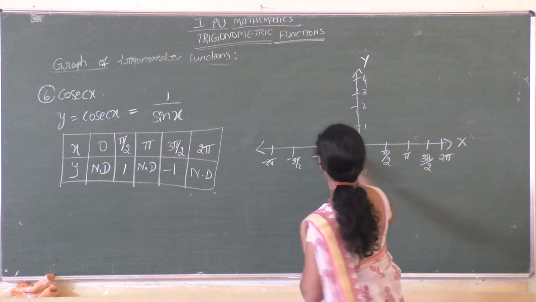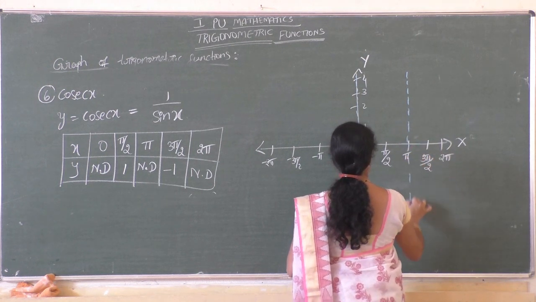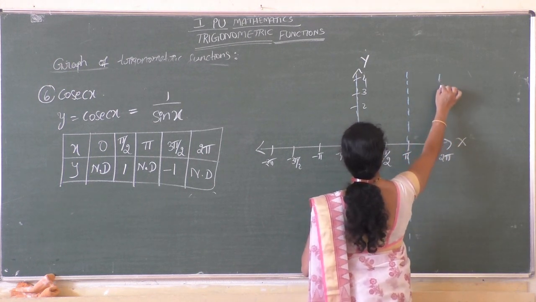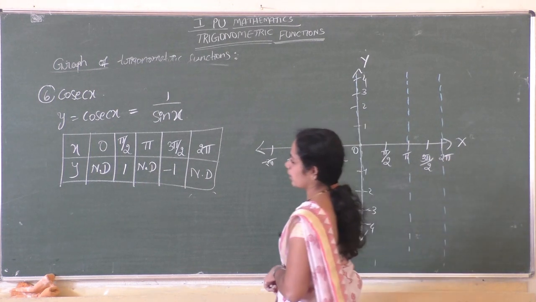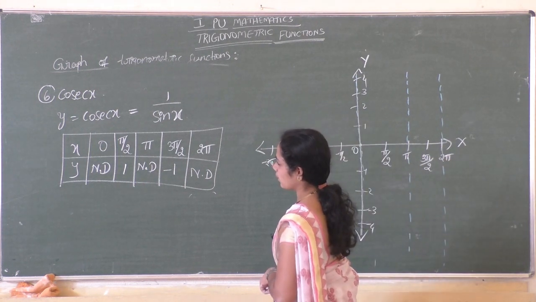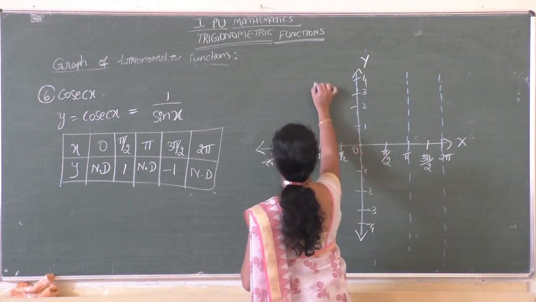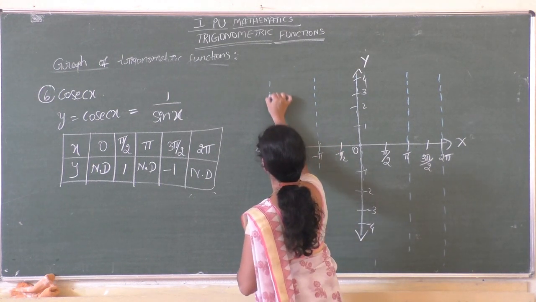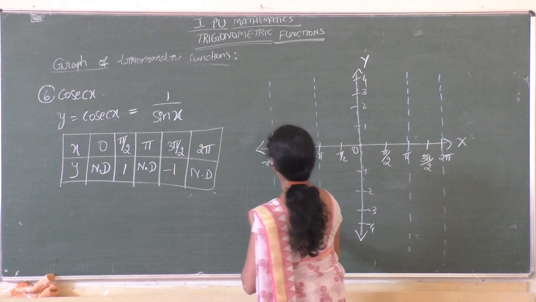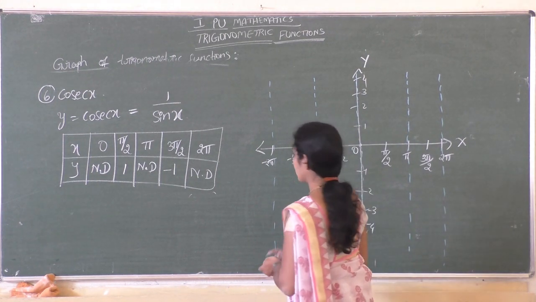Similarly for pi, then 2 pi, and on the negative side minus 3 pi by 2, minus pi and minus 2 pi.